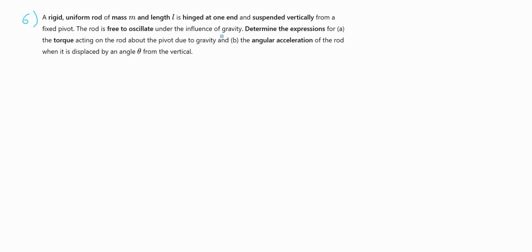The rod is free to oscillate under gravity. Determine the expression for the torque acting on the rod about the pivot due to gravity. Also, the angular acceleration when it is displaced by an angle theta from the vertical.